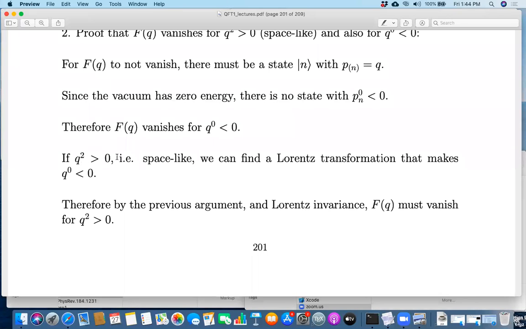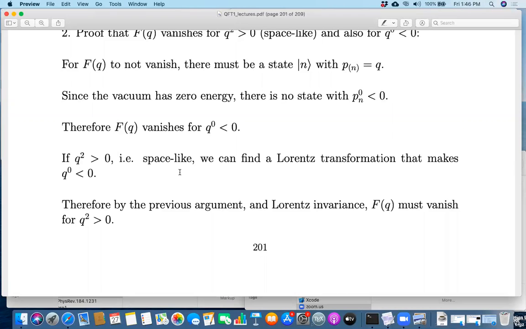If that is the case, then there is a property of Lorentz transformations that it is always possible to find a Lorentz transformation that makes q0 negative. So q itself may have q0 positive, but it's possible to find a Lorentz transformation that makes the transformed q0 negative. And for that, of course, f of q has to vanish, because you have already proved that f of q must vanish for q0 negative.